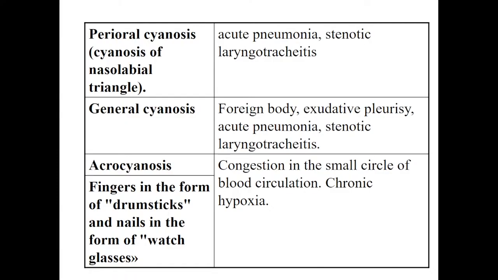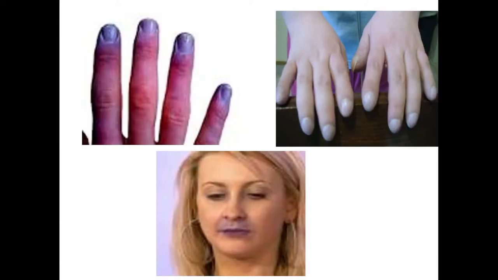Fingers in the form of drumsticks and nails in the form of watch glasses are typical also of congestion in the small circle of blood circulation and chronic hypoxia. On the slide you can see acrocyanosis and peripheral cyanosis.